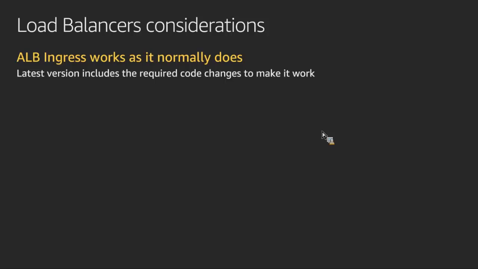So make sure that you are using the very latest code for the ALB ingress, but this would otherwise work just as it normally does. NLB support is coming soon. NLB support is not available at the time of this speech, but stay tuned, because we intend to support the NLB soon.